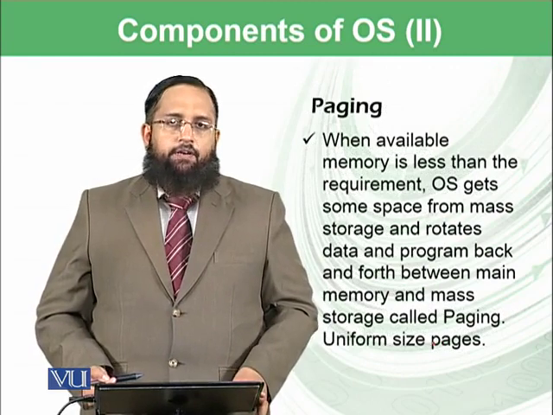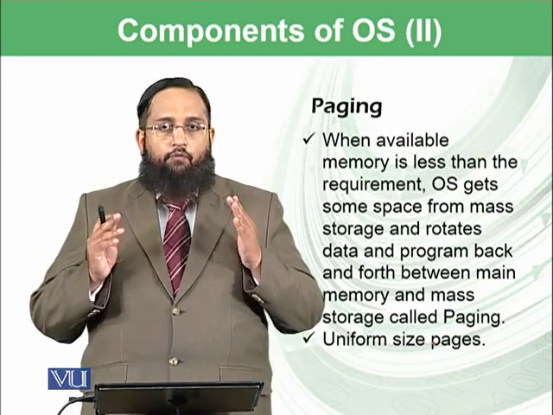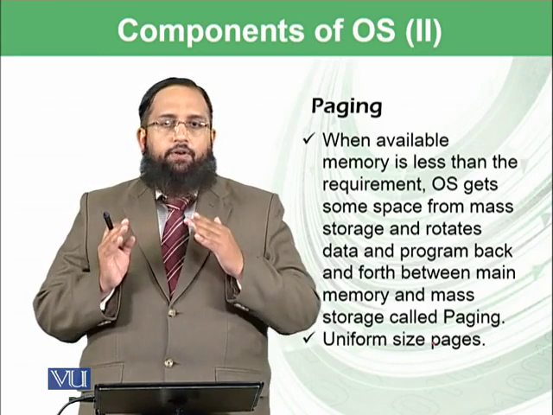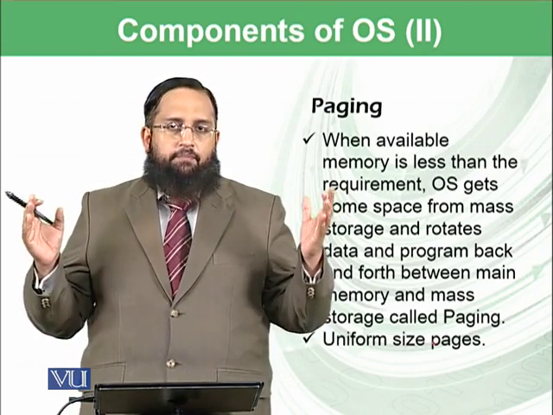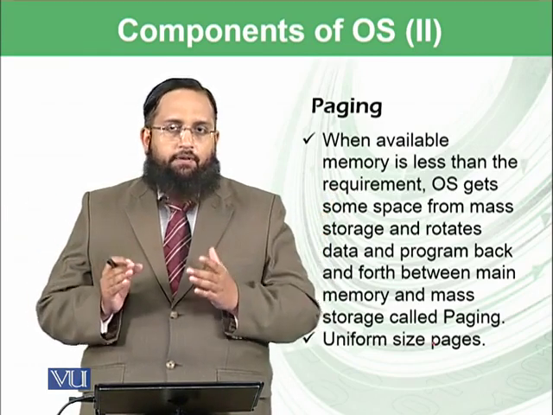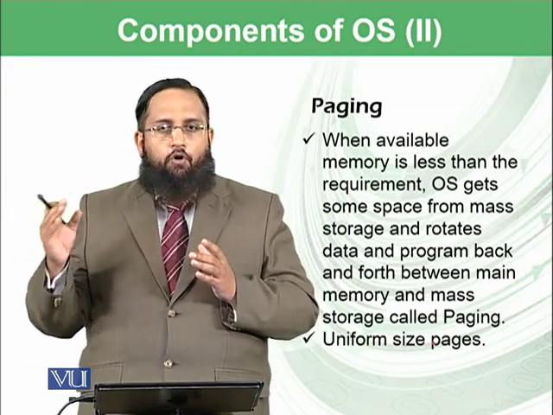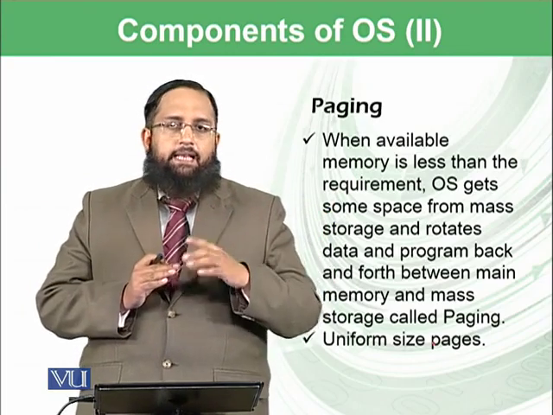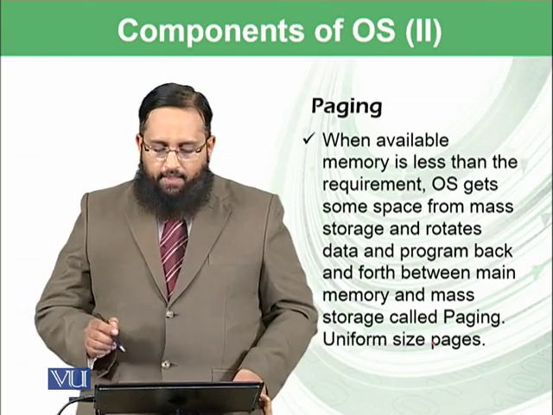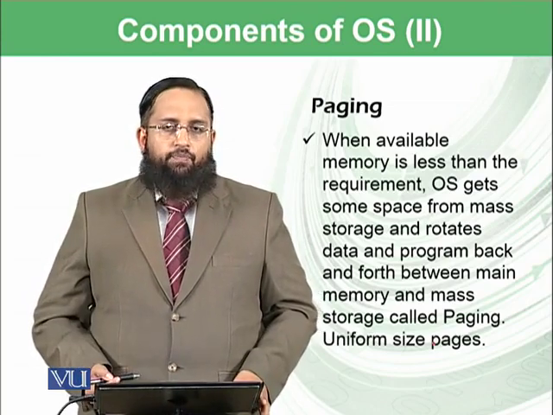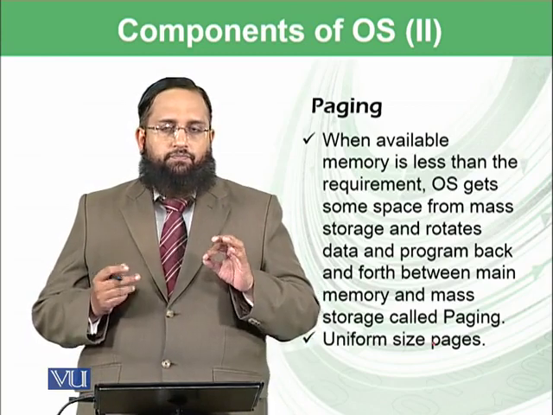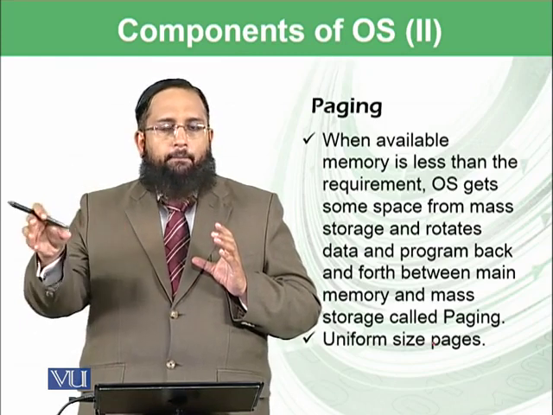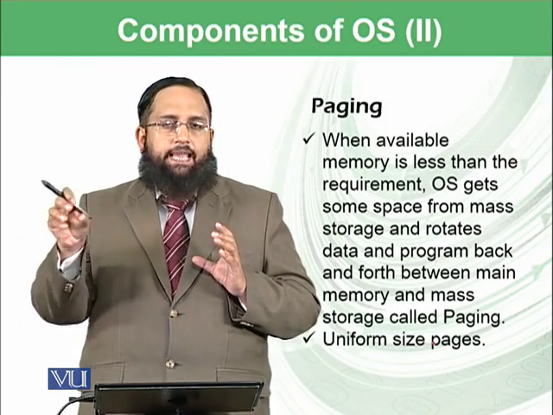And then there is an important concept known as paging. When we are running short of memory in the RAM and we need more, as there are multiple applications running on our CPU that need more memory, or even if there is only one application that needs more memory, then the computer tries to take some memory from mass storage, known as secondary storage.